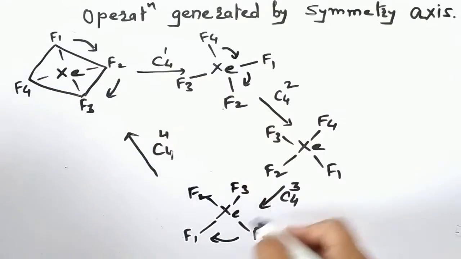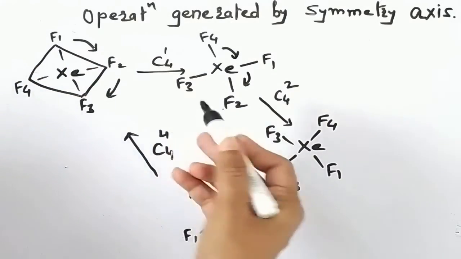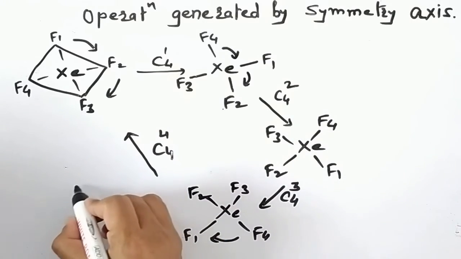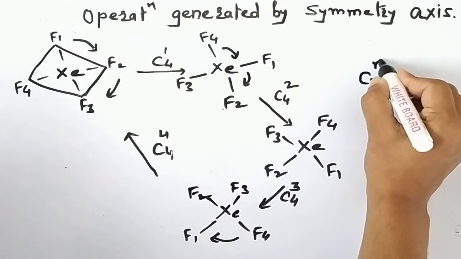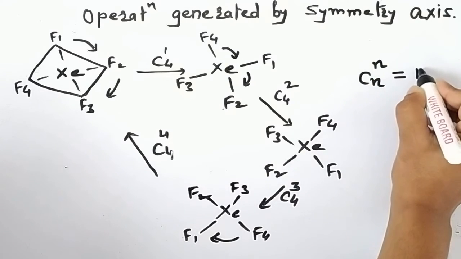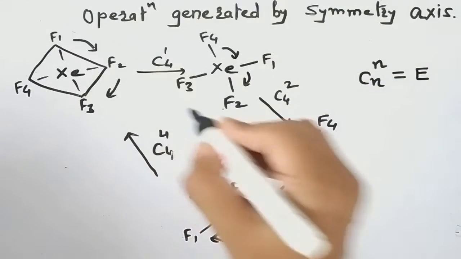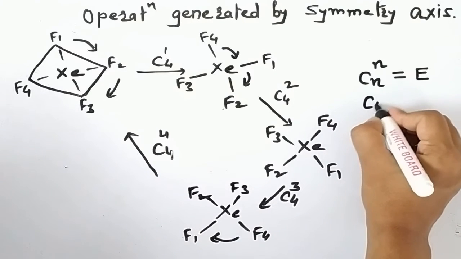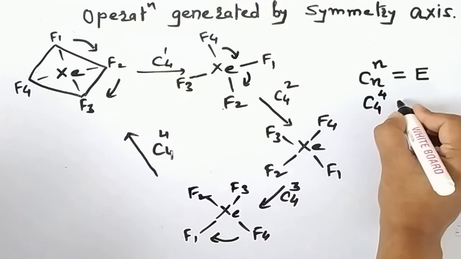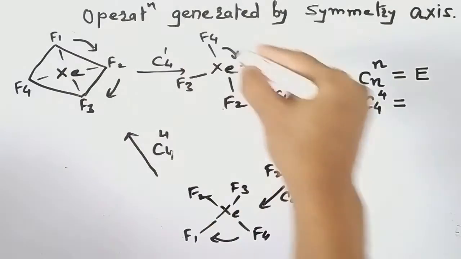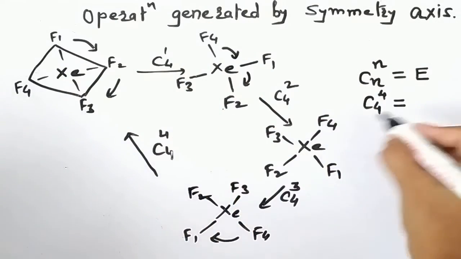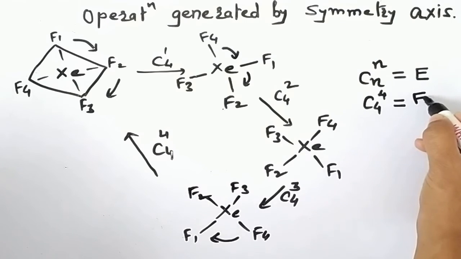So the cycle will continue. In the earlier example, we said that Cn raised to n is equal to E. This has been proved here, as C4 four times is equal to the identical molecule. By rotating four times, we have received E.